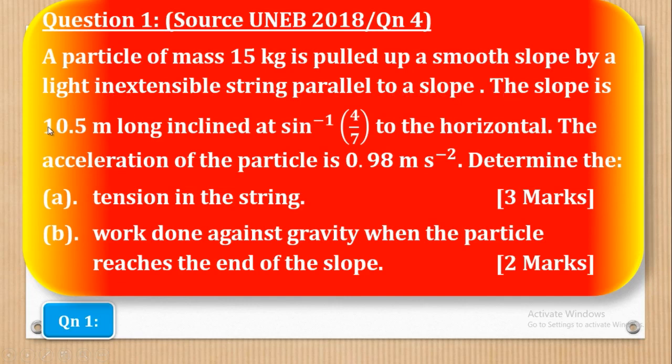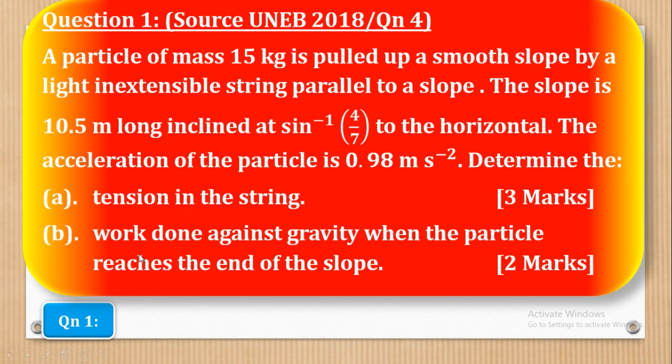The slope is 10.5 meters long, inclined at arcsine 4/7 to the horizontal. The acceleration of the particle is 0.98 meters per second squared. Determine (i) the tension in the string, and (ii) the work done against gravity when the particle reaches the end of the slope.